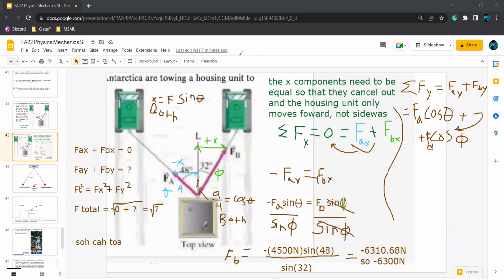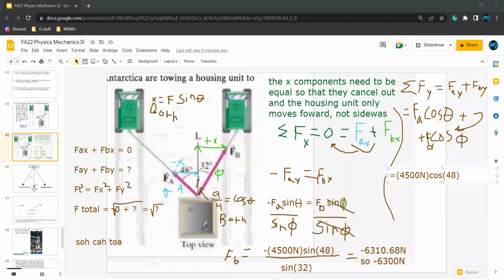Cool. So then we plug that in because I believe we know everything now for that equation. Force A is 405,000 newtons. Theta is 48 degrees.